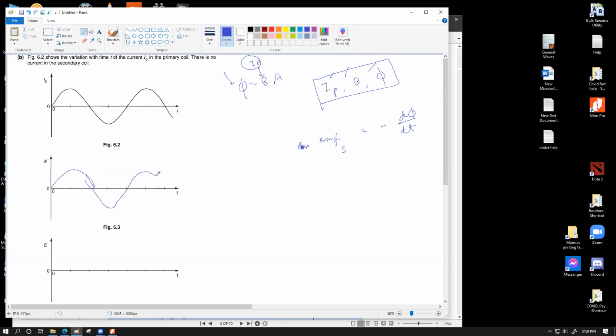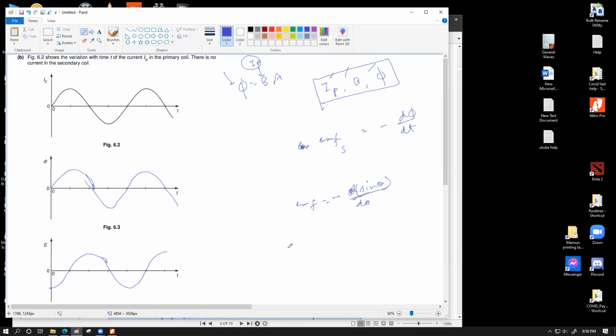So just make a sine curve over here as best as you can, and the EMF would be the negative of this. So your EMF graph would be minus d by d theta of sine theta. Sine theta differentiated gives the cos curve, and minus cos curve means it will start from minus 1 and then you just continue the minus cos curve. So this is how this graph is going to look like, something like this.